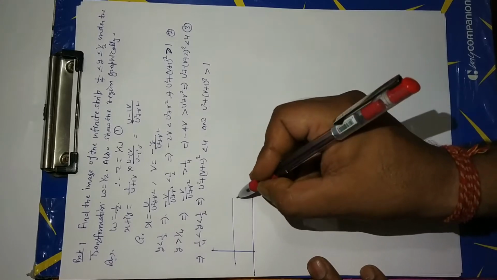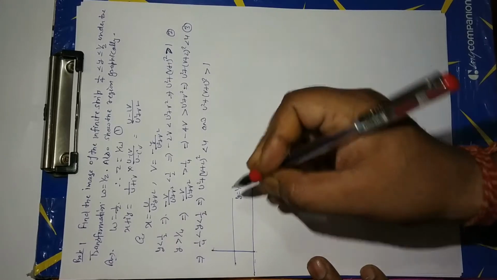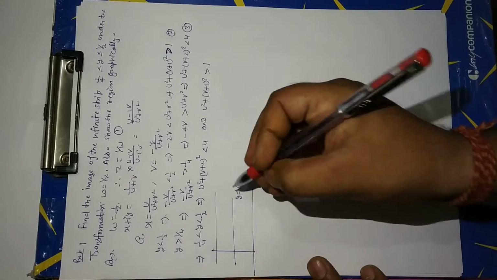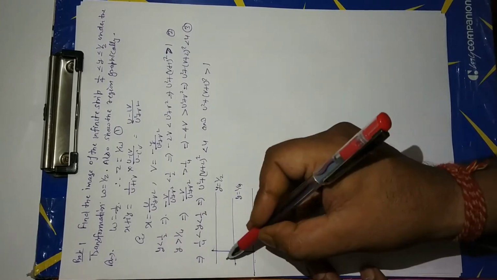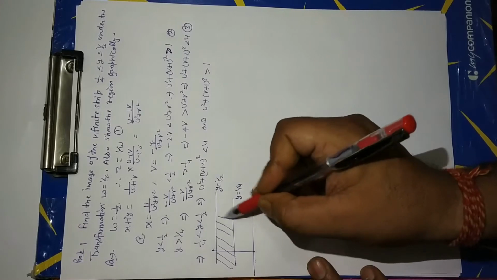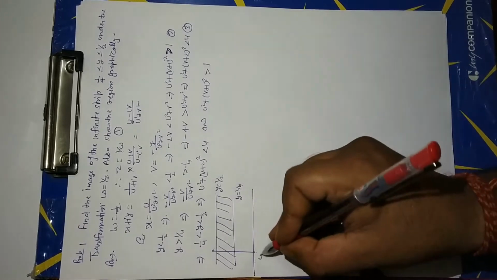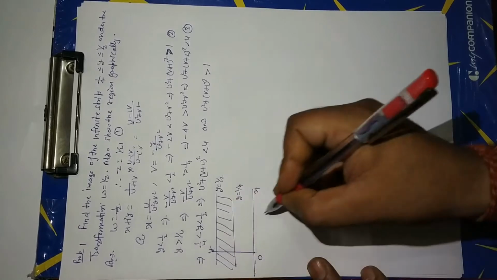Say y is equal to 1 upon 2, y is equal to 1 upon 4. This is the strip in the z plane, x axis and y axis.